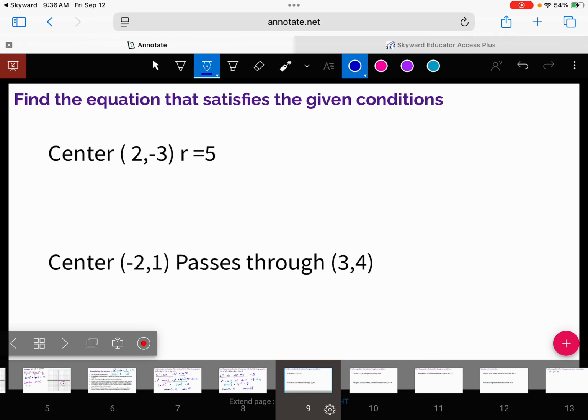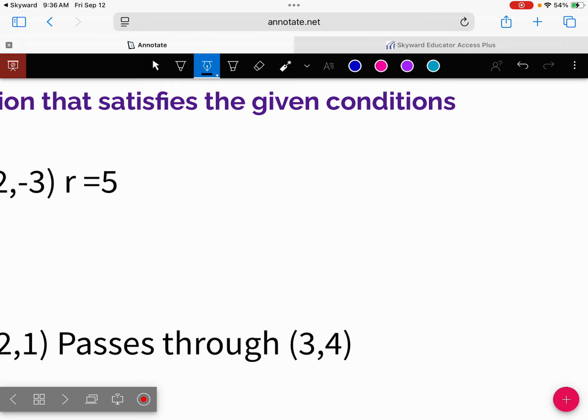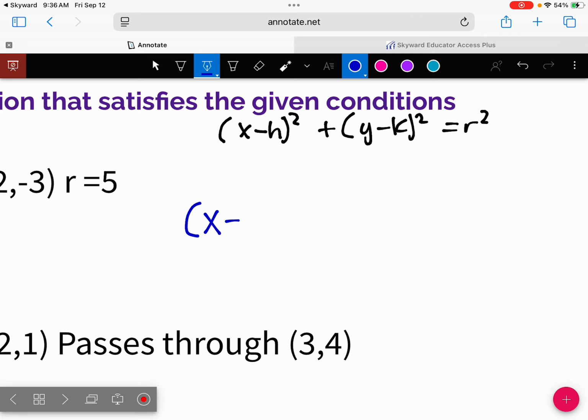So if we know that the center is at 2, -3, if we think through our formula, it's x minus h squared plus y minus k squared equals r squared. So our equation on this one, we're going to have our x minus what? 2 squared.